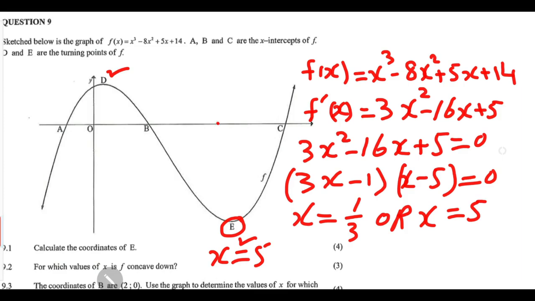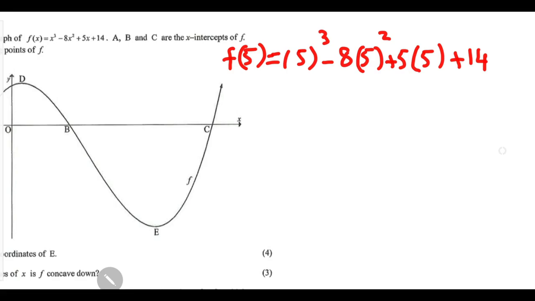So we take x = 5 as the x-coordinate of E. Now find the y-coordinate of E. Substitute x = 5 into the original function f(x) to find the y value. Using my calculator, the answer is negative 36.